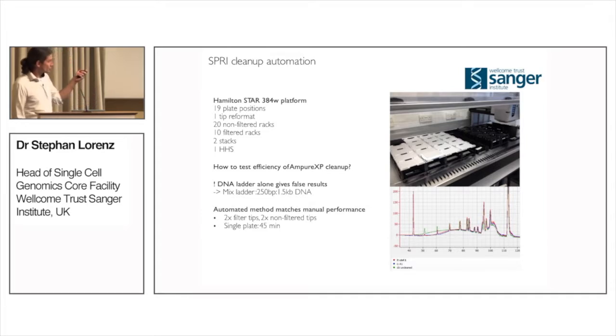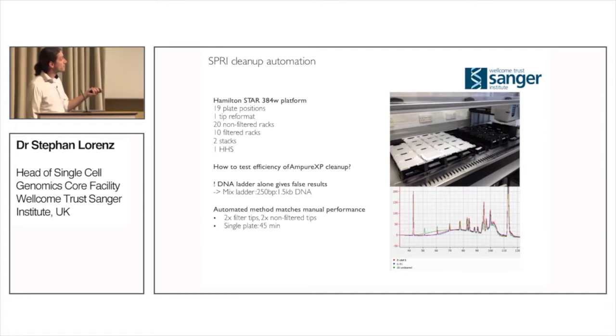I'm not going to go into too much detail, just one thing here for the validation of this assay. When you look in the literature, how do people validate that their SPRI bead to DNA ratio is correct? Everybody says, just use a ladder. Well, we've done that, and it gives you wrong results. You need a sufficiently complex mixture to really see how your SPRI cleanup performs.